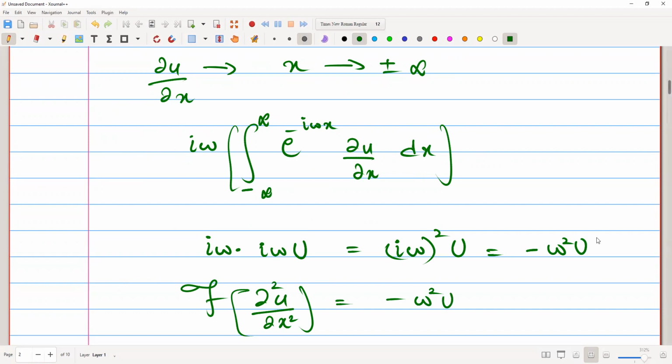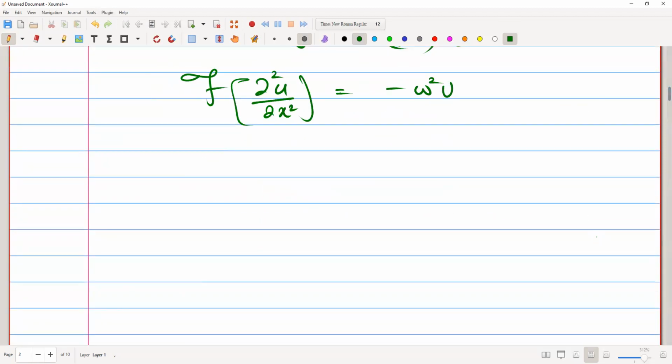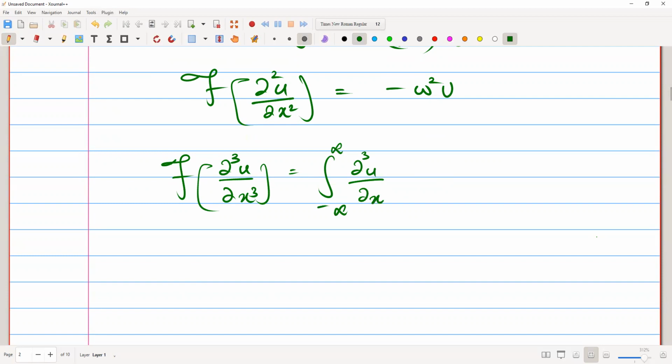Right, and similarly, if we want to proceed for ∂³u/∂x³, the third partial of u with respect to x, then we are going to simply integrate it from negative infinity to positive infinity, doing the same thing with e^(−iωx) dx.